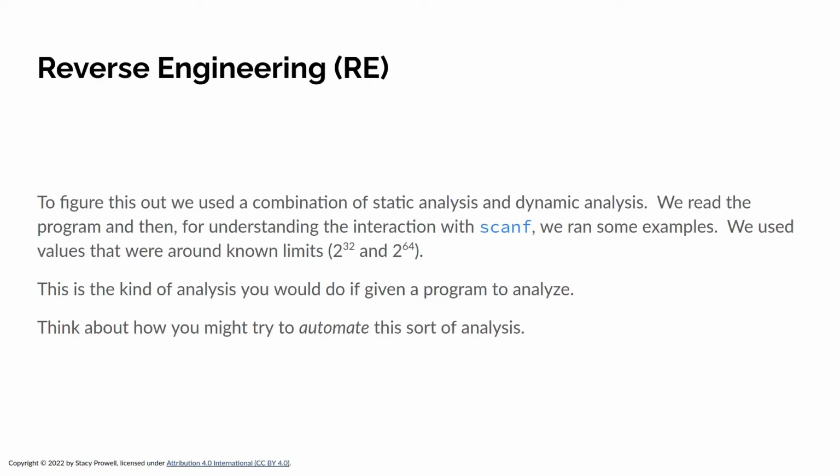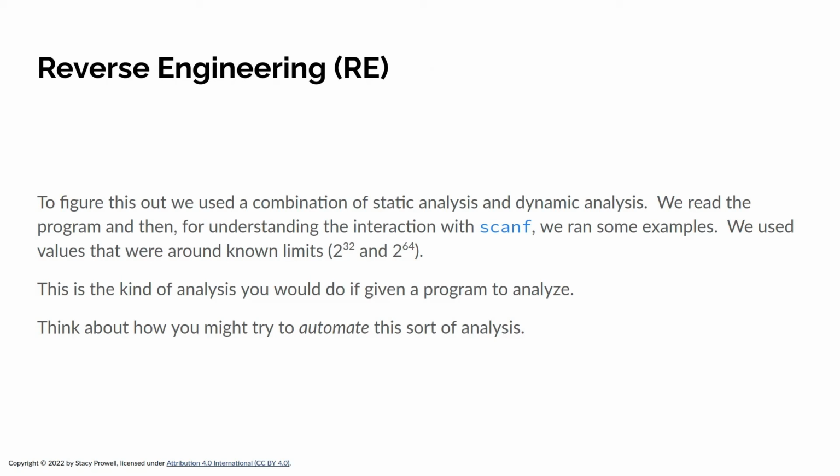So to figure all this stuff out, we used a combination of static and dynamic analysis, right? We ran the program, we looked at it, we ran it, we looked at it some more, we looked at some edge values, right? Limits around 2 to the 32nd and 2 to the 64th. This is a perfect example of the kind of analysis that we'll have to do to understand programs.